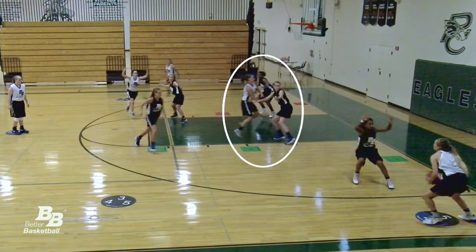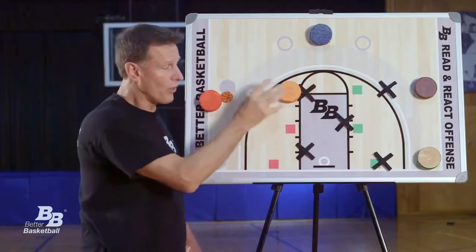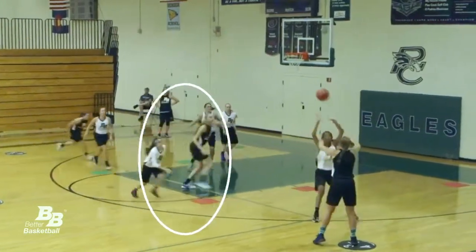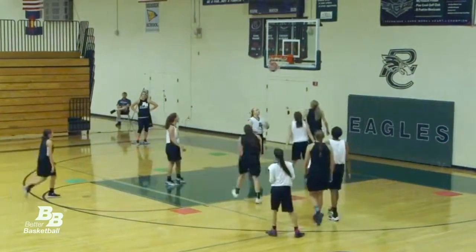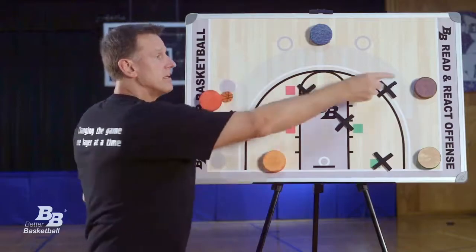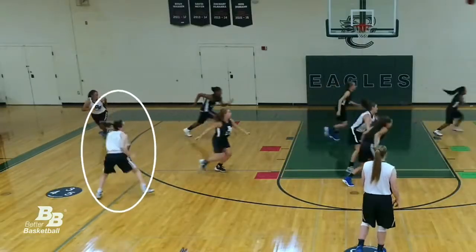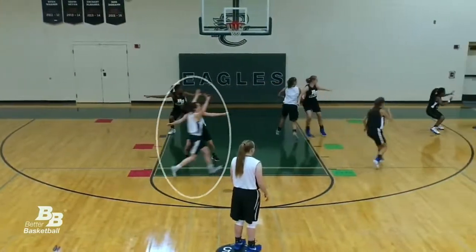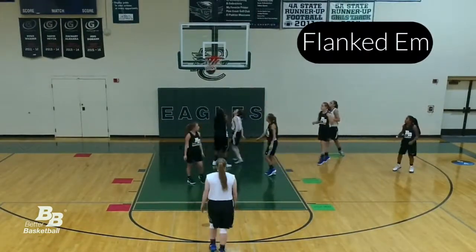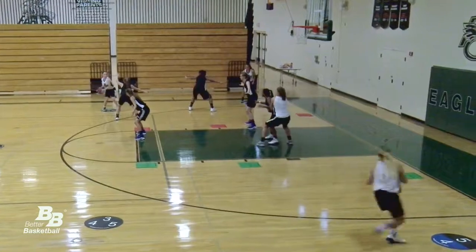The screener might be open right there, on their way to the flank. If so, it's over, okay? But if not, then you're sliding onto the flank. The player who made the skip pass is following it to the nail. And if we've cracked open the zone, our nail and flank will be open.